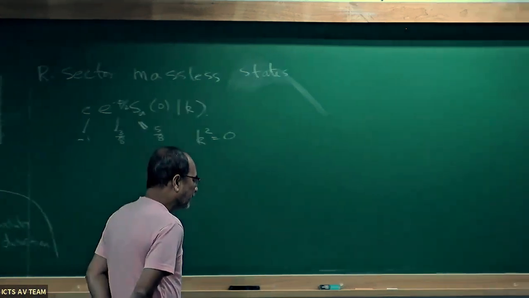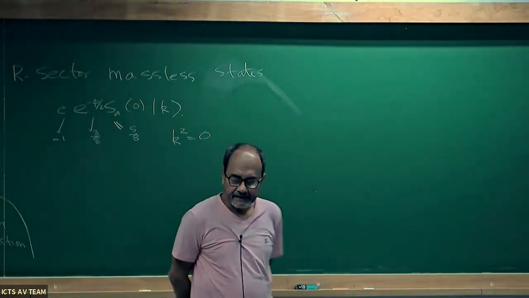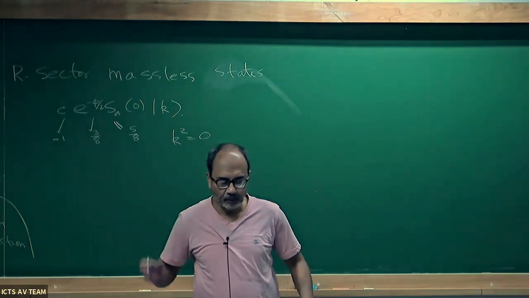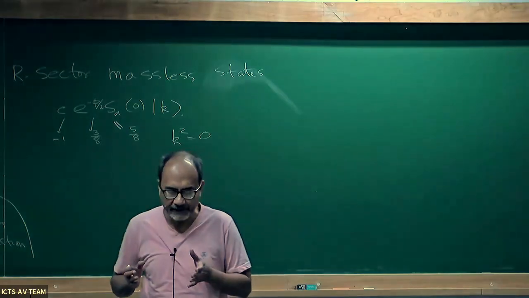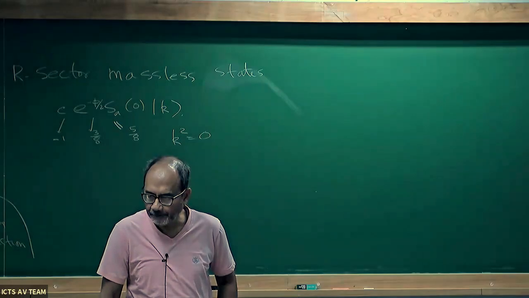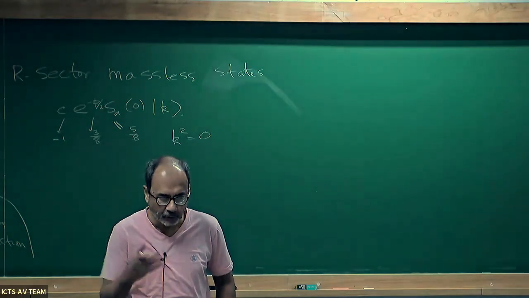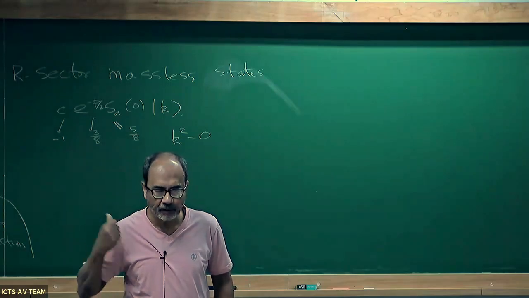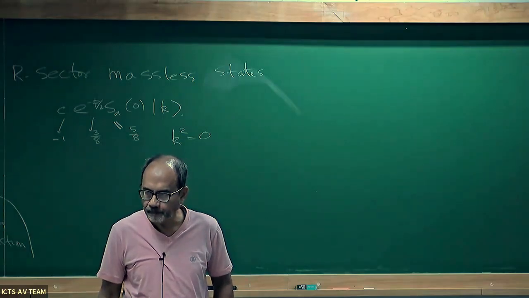So the claim is that from the space-time perspective, some supersymmetries are broken, and corresponding to the broken supersymmetry you should have Goldstone fermions, which are also sometimes called Goldstinos.